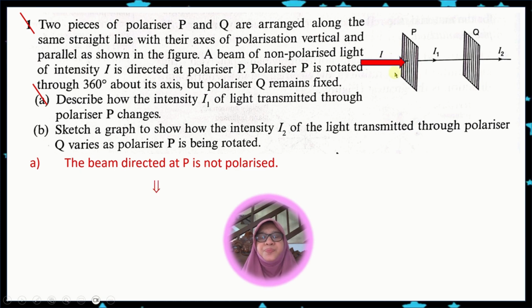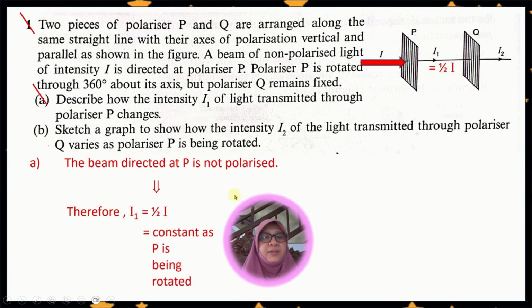Therefore, the intensity I1 is half of the initial intensity. Given I, we write half I, and this I1 equals half I is constant, even though the P is being rotated.